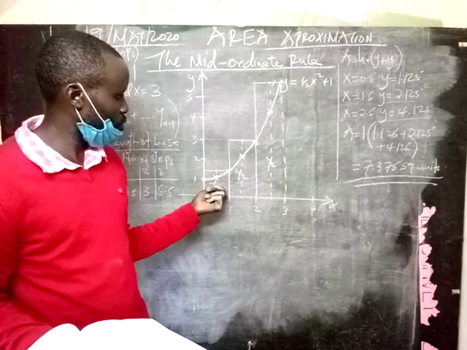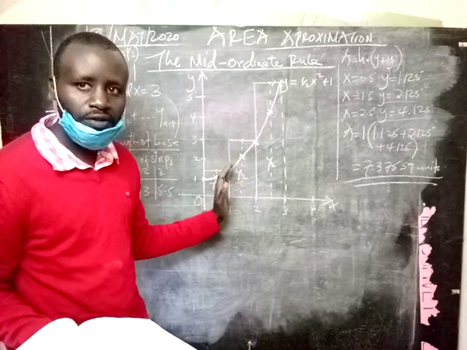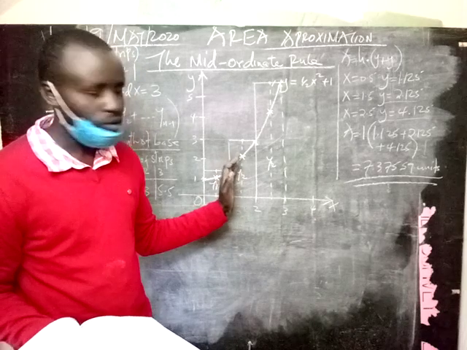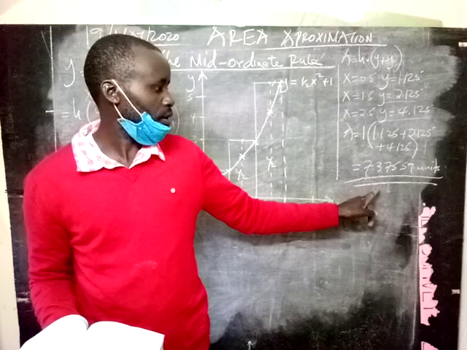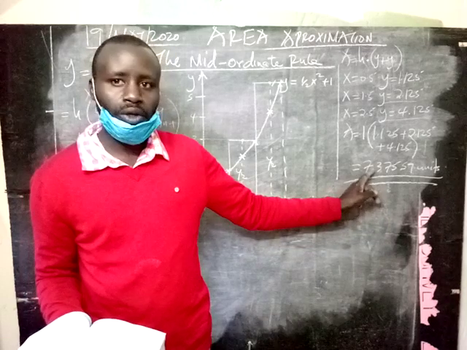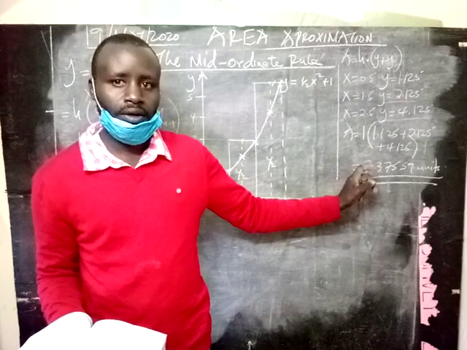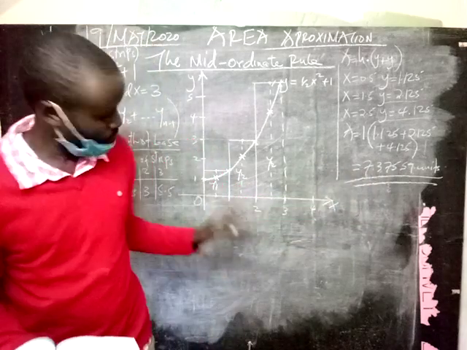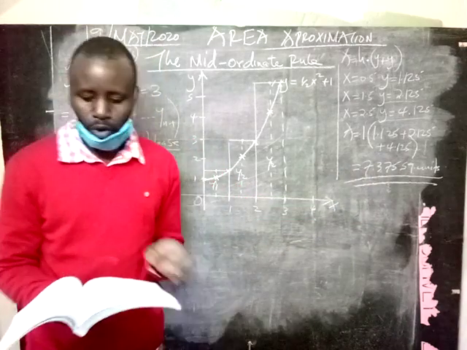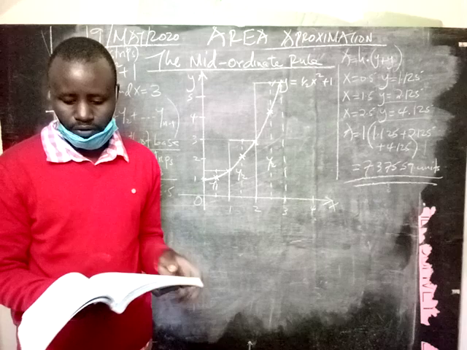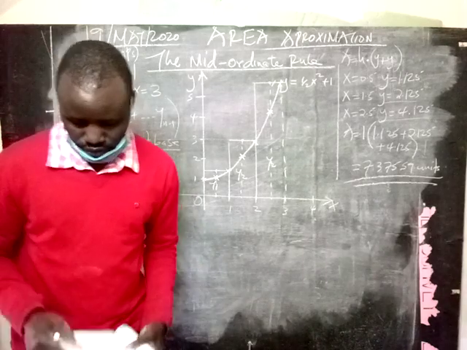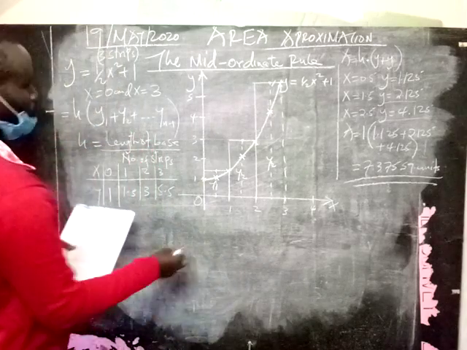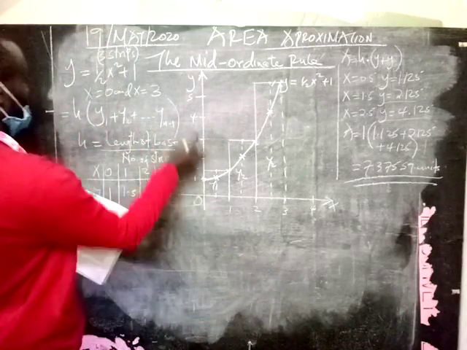But when you use as many as possible, even 24 strips, you are going to get a closer value to the accurate one. So a large number of strips is going to give you a figure close to the accurate number. So I want to give you one of the questions.